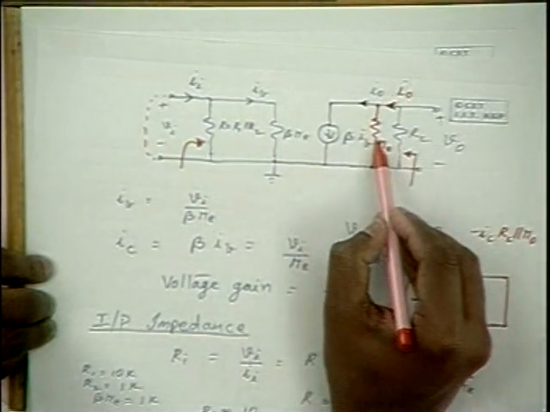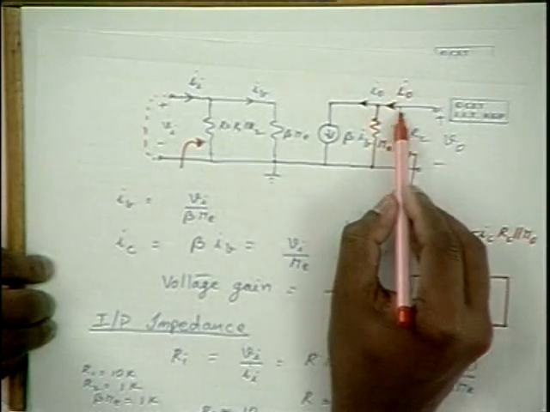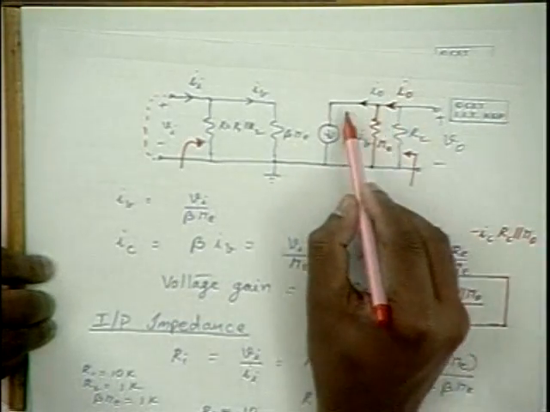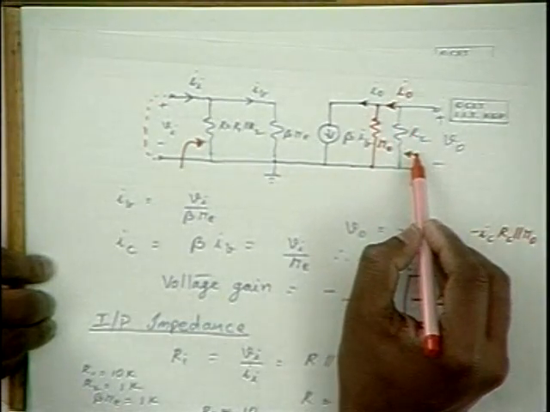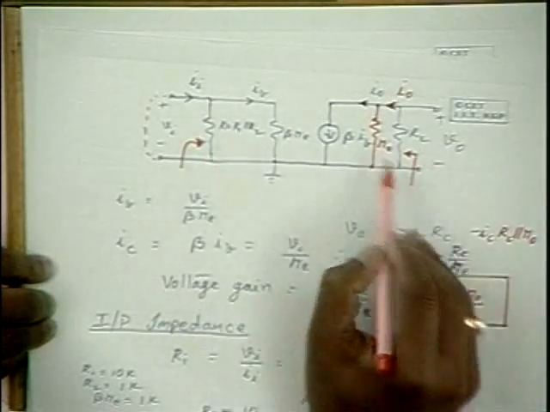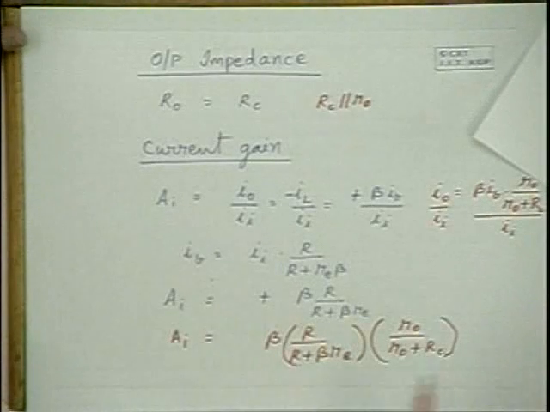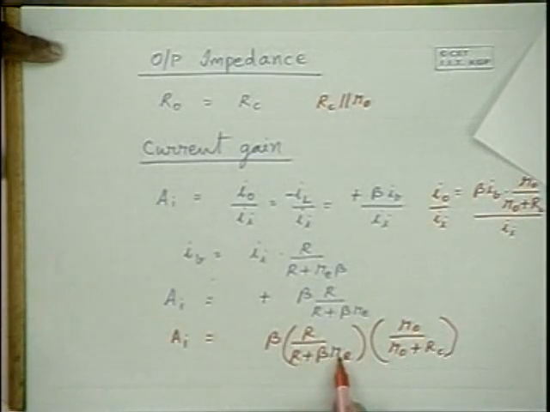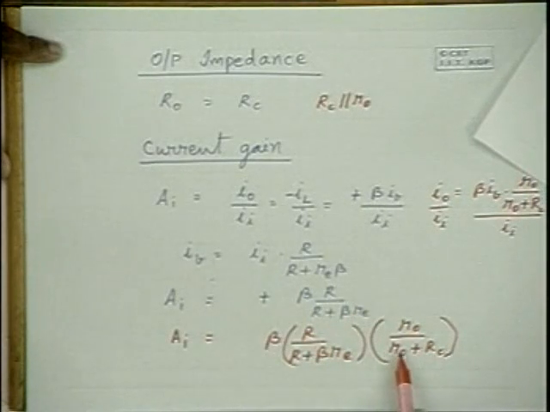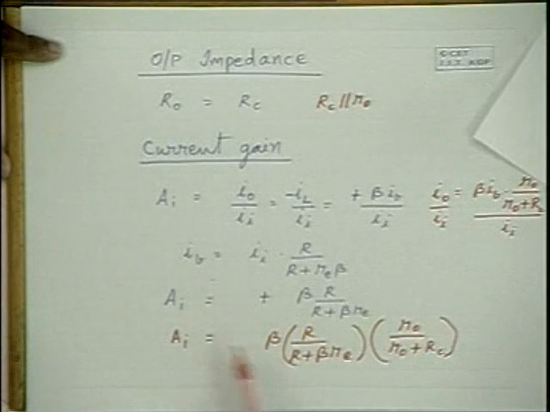Similarly, when RC is much smaller than R naught, we can treat the total current itself as the output current, in which case the gain is beta itself. That means when R is much larger than beta RE, this input side ratio is almost 1, and when R naught is much larger than RC, this is also 1, therefore the current gain is beta.